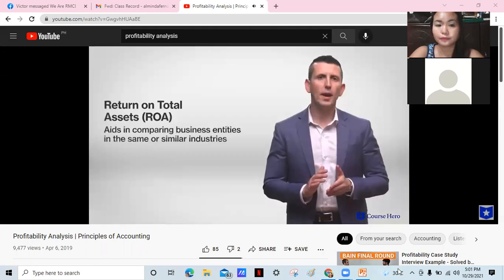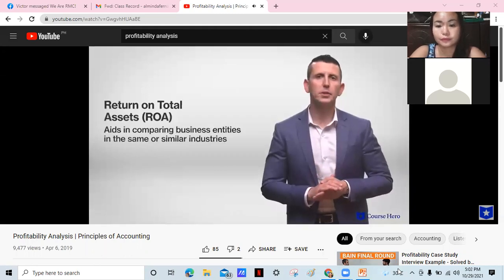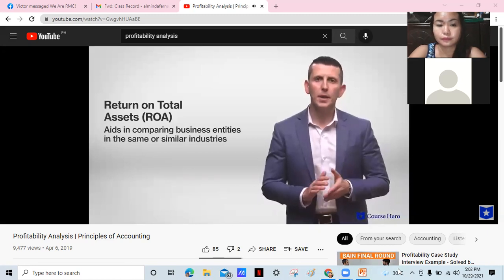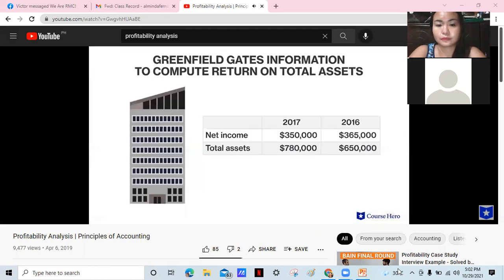The return on total assets is often referred to as return on assets, or simply ROA. This ratio can be computed by dividing net income by the average total assets. For example, Greenfield Gates Company has net income of $350,000 in 2017. Its total assets were $650,000 in 2016 and $780,000 in 2017.